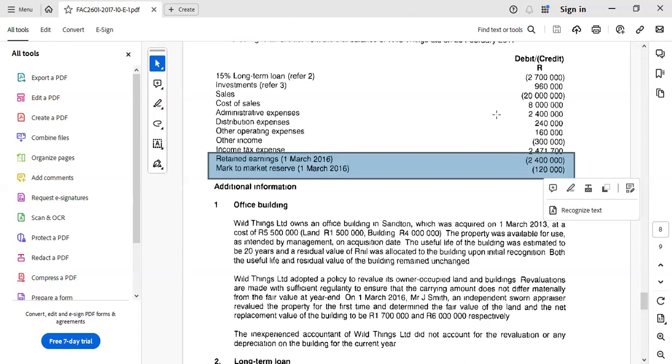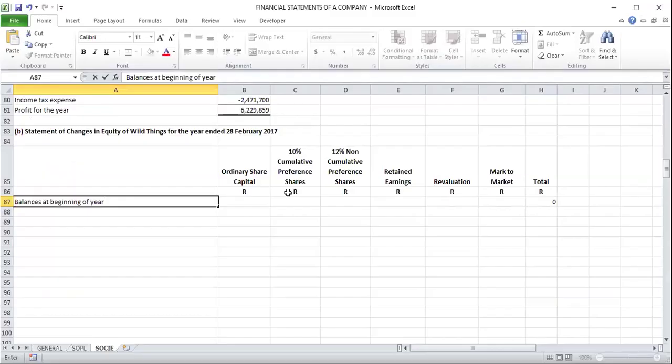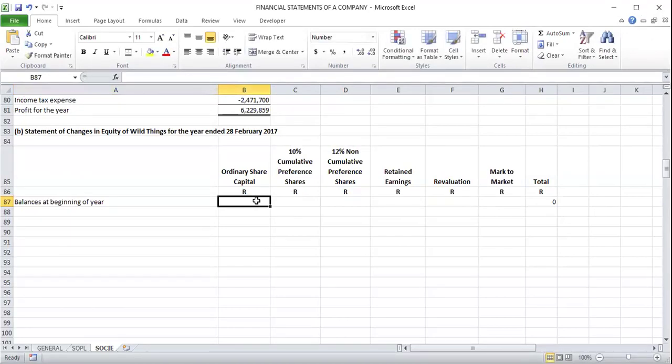So we'll have to include them. We'll have 4.5. We include the issued, not the authorized.